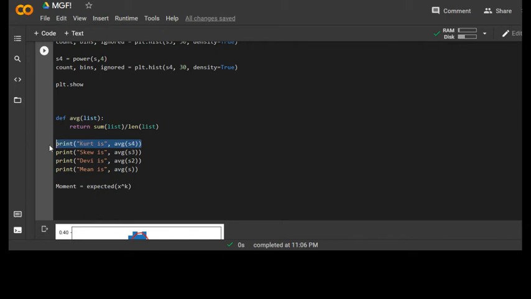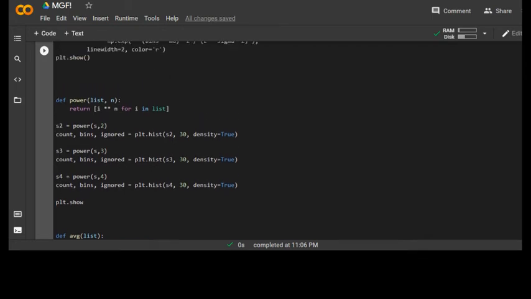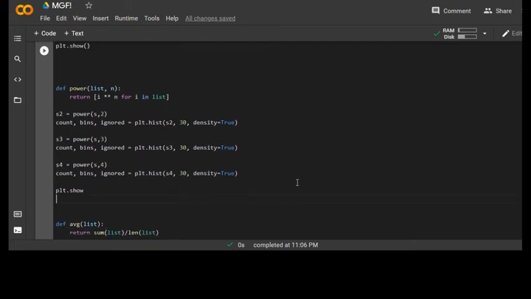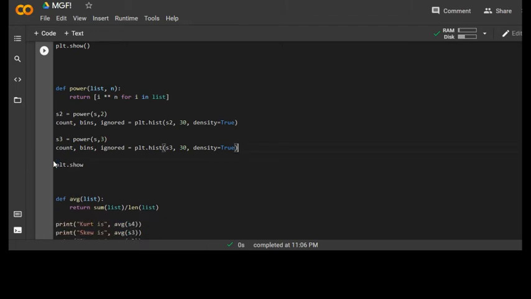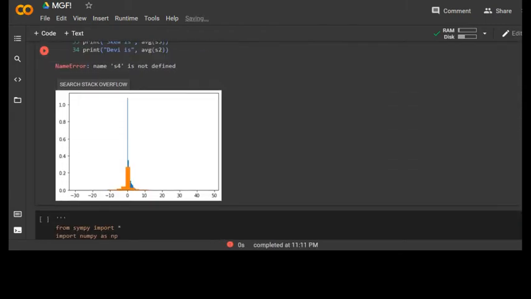Let me see if I can make it a little bit more skewed, just to make it a little bit easier to see. There we go. And here we go.